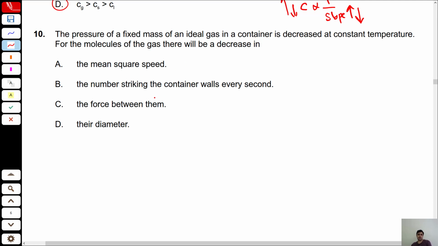So anything that tells us about the number of particles striking the container decreasing will be the answer. So a decrease in the number of particles striking the container walls every second. Less particles will be striking the wall in a given time. That's what pressure means: colliding particles against the wall of the container lead to pressure.